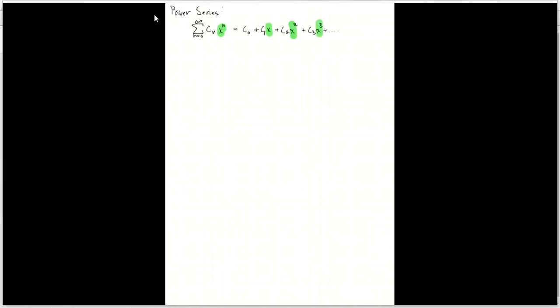Well, what does that mean? Well, you can write that the sum from n equals 0 to infinity of C_n x to the n is equal to a function of x, right?